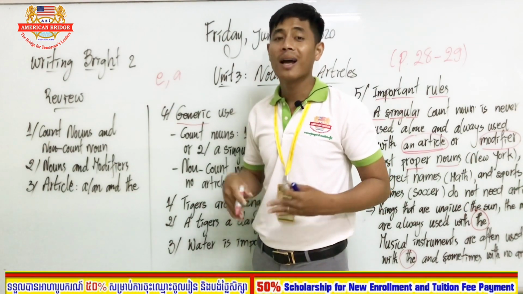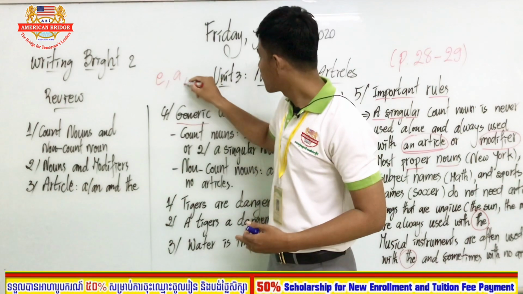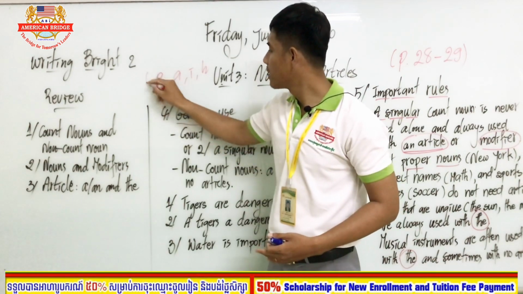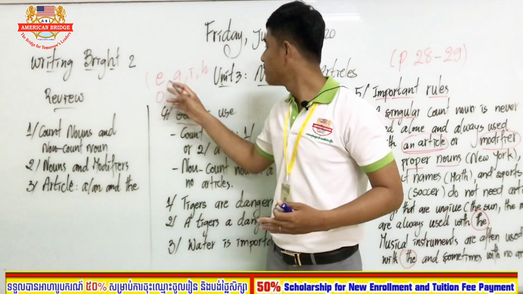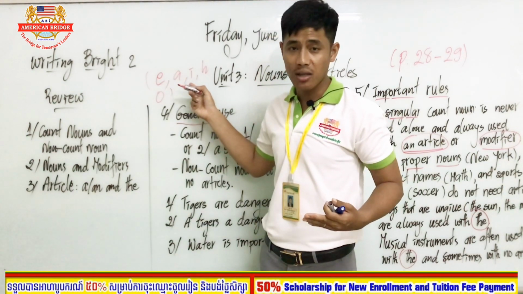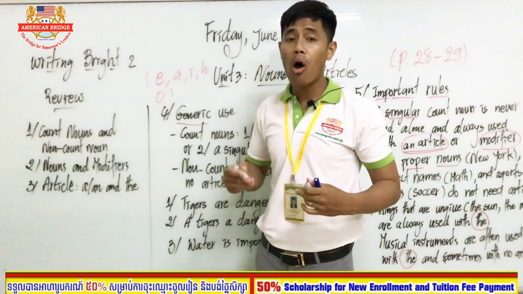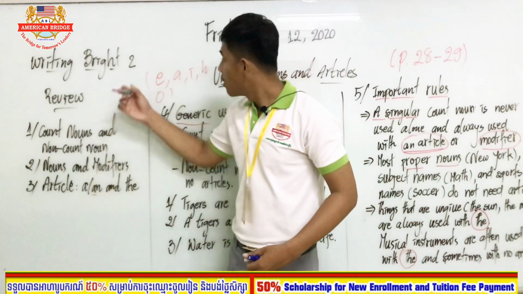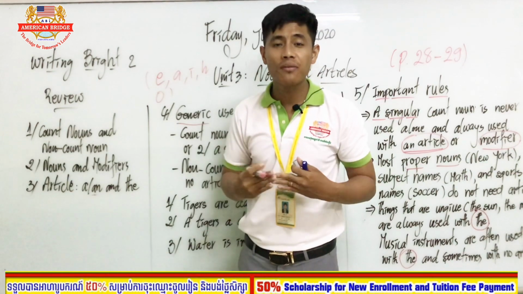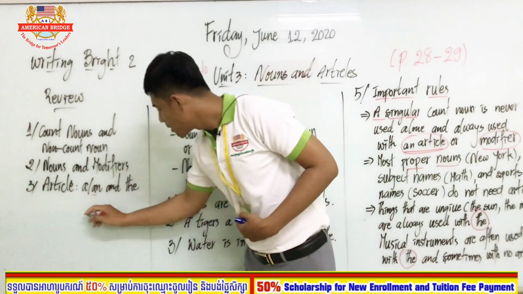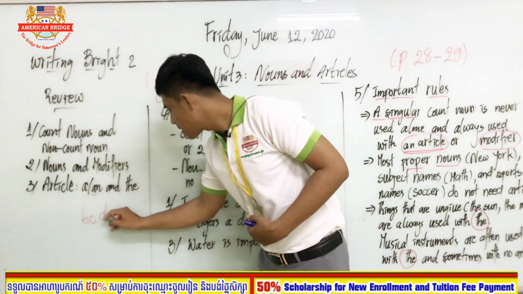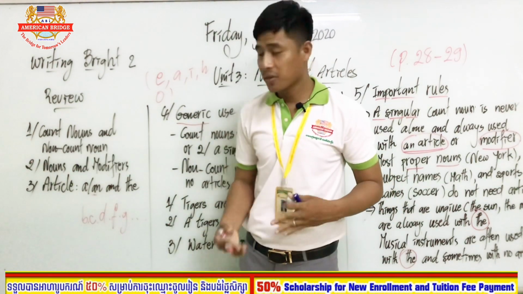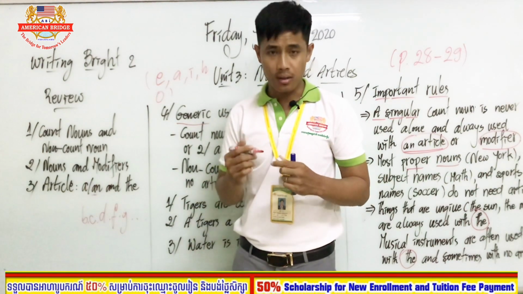We do not say a apple, we say an apple, right? E, I, H, right? Anything else? O, okay. So all the words that begin with a vowel, as you can see on the board, are always used with an. And all the nouns that begin with consonants like B, C, D, F, G, right? All of those words that begin with a consonant, we always use with a. Now you got this?